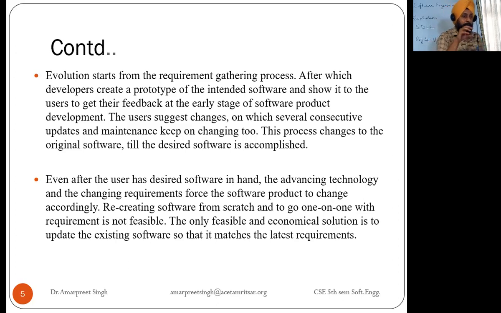After which, the developers of the software create a prototype or a throwaway of the intended software and show it to the users to get feedback at the early stage of the software product development. Still, the software is not launched in the market. It is given to friendly users. Then the user uses that prototype.